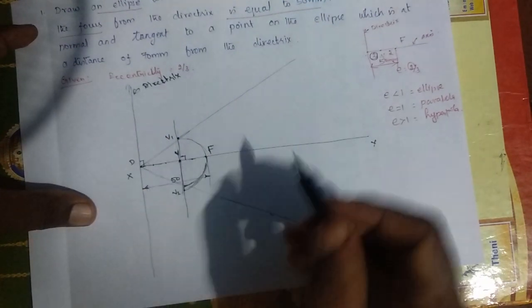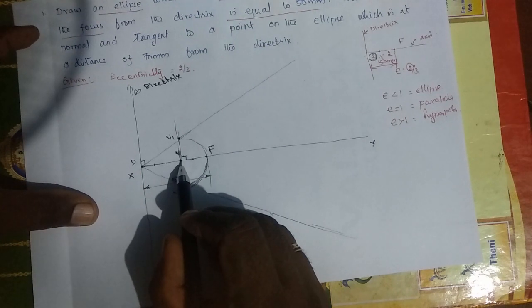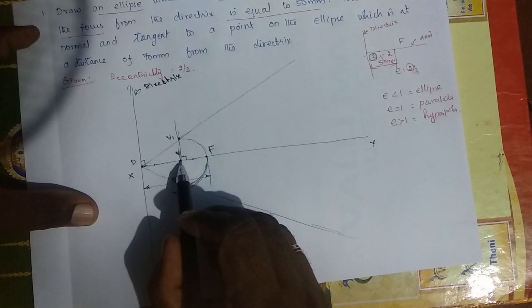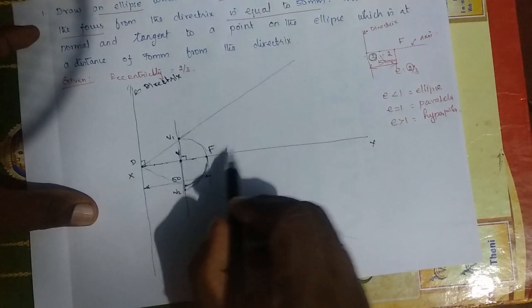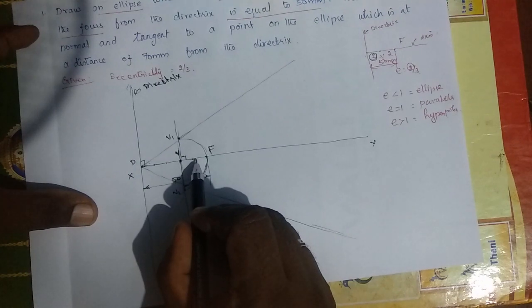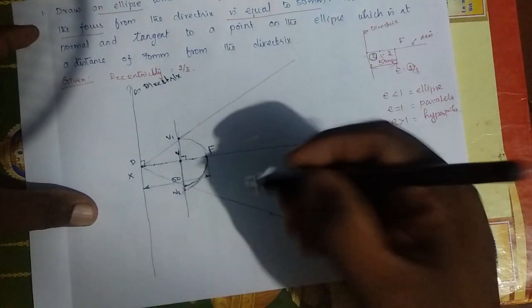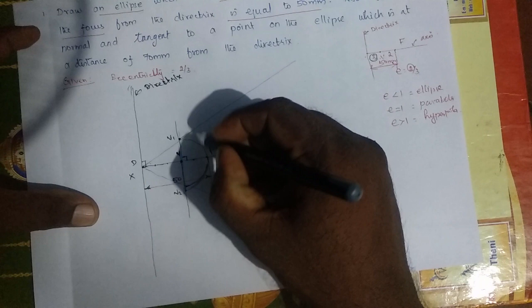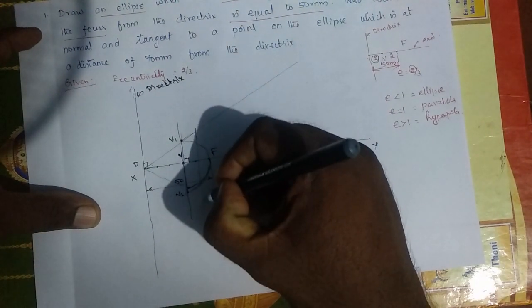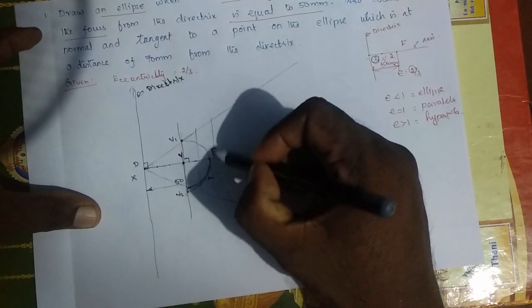Okay, so after the vertex, we know that the vertex is the starting point of the curve. So this means the peak point, not the starting point, is the peak. Okay, so from this vertex I am taking some equally spaced parts. Even if I am taking simply lines, it should be at equal distance, which will help you.